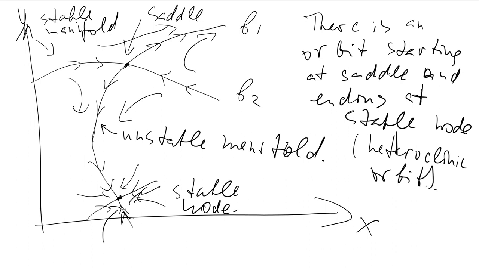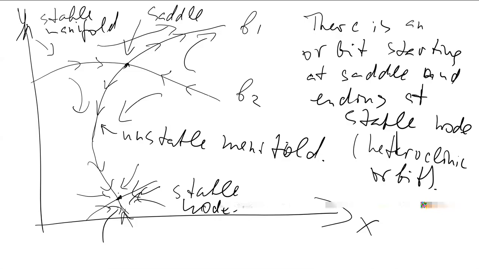So this is the main conclusion when we consider a saddle. So if there is a saddle and there is a stable node, for example, we have only two fixed points in our map, then the stable node will be located on the unstable manifold of the saddle. And there will be a line connecting saddle and stable node, such that it will represent an orbit which originates at the saddle and ends at the stable node.